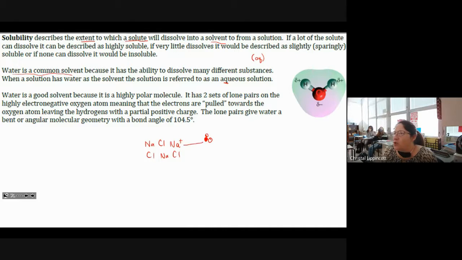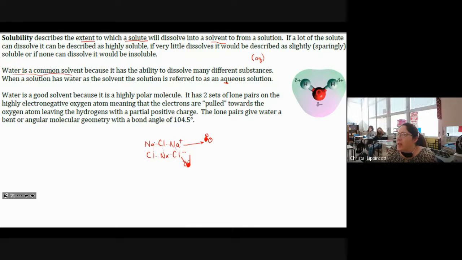It's going to get attracted to the oxygen part of your water, and then your chlorine is going to get attracted to the hydrogen part of the water here because it's negative. And if the attraction to water is greater than the attraction between the ions, then it's going to be soluble.